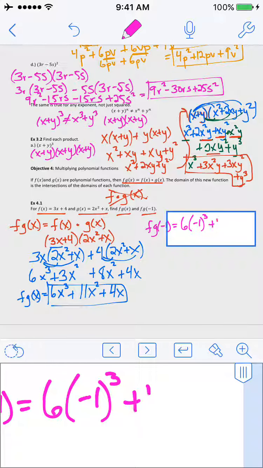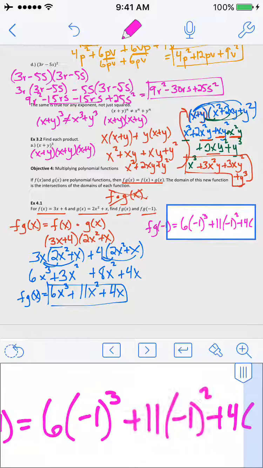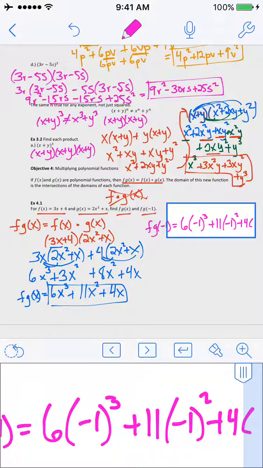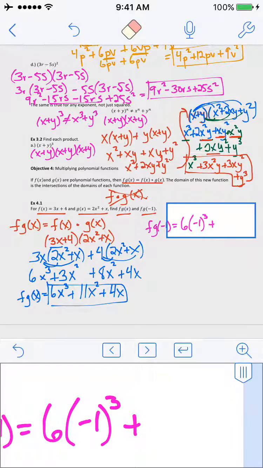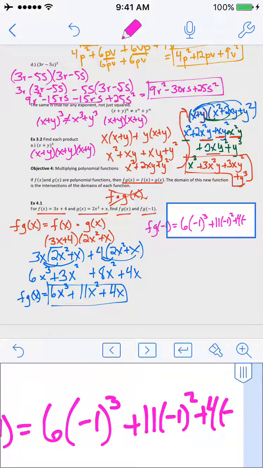And then plus 11 times -1 squared plus 4 times -1. I'm running out of room, so we'll write a little smaller.